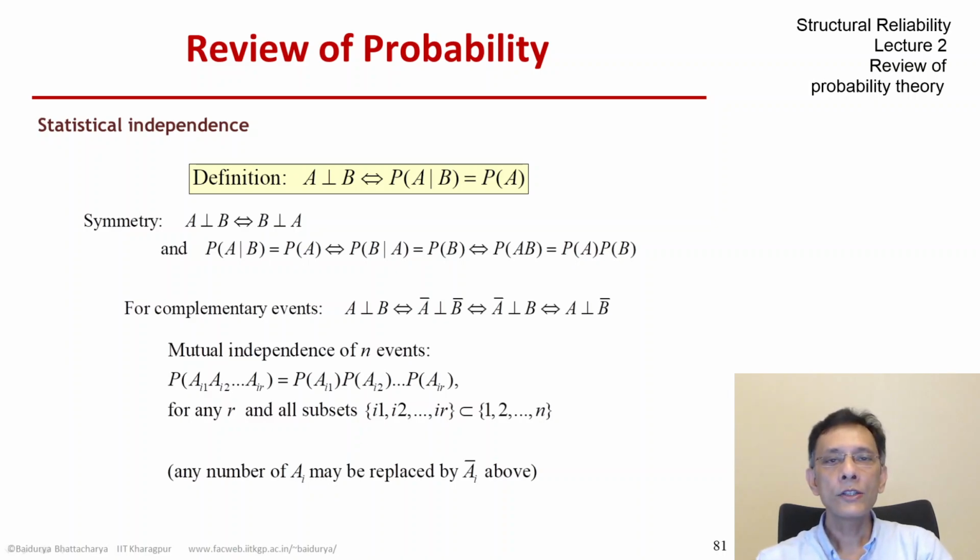When I extend this to the mutual independence of n events, the joint probability of any subset of them must be the product of the individual probabilities. And as in the case of A and B, this would hold if I replace any of these A's with its complement.